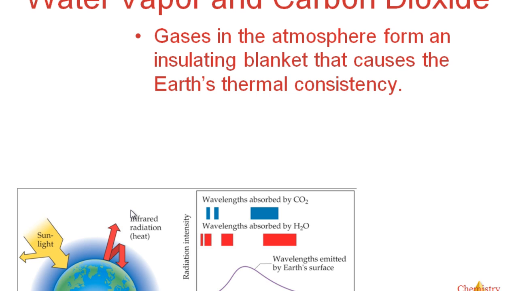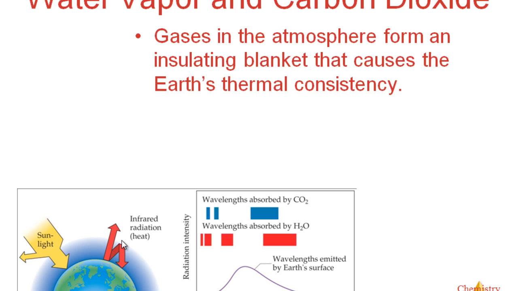But since we have this atmosphere which is protecting Earth, mainly water vapor and carbon dioxide, they send that infrared radiation back to Earth as heat. So we have that heat not escaping Earth's atmosphere.